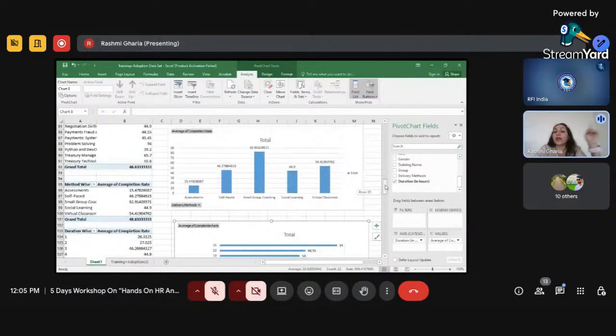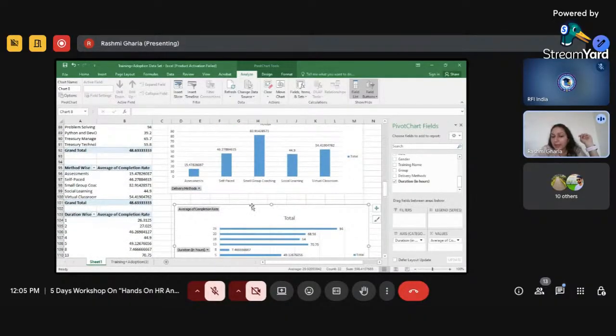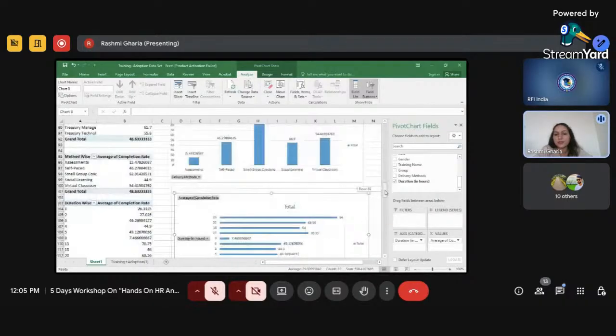You need to see what kind of method you have used. That's the reason people are completing it. If you are using assessment for a higher duration training program, do you think it will be effective? No, because for the assessment method, the completion rate is already very low. If you increase the duration, there may be a possibility that people will not complete. I hope you got my point.